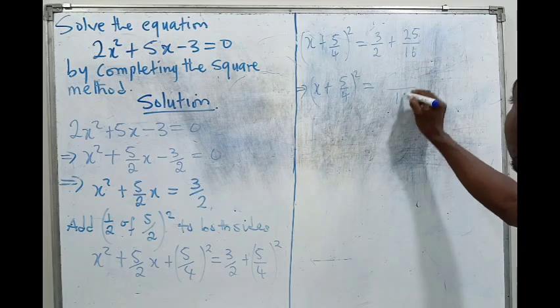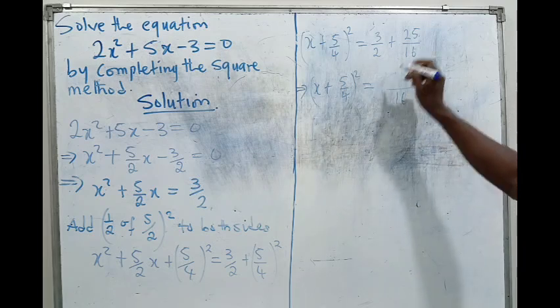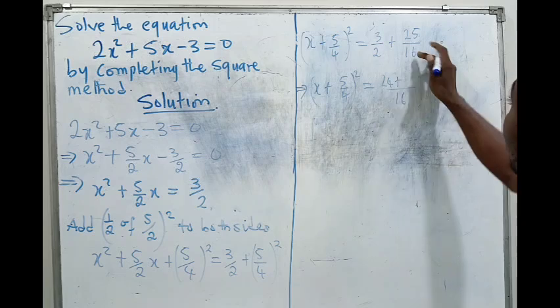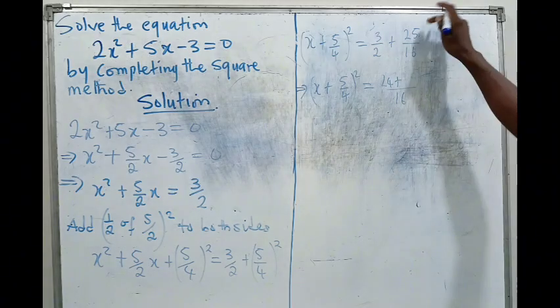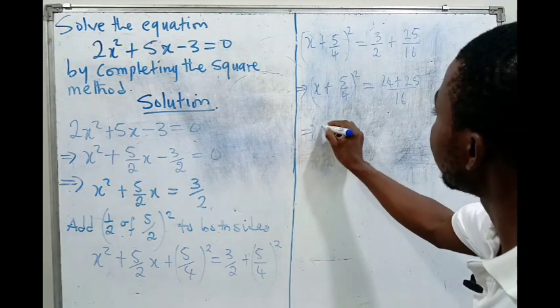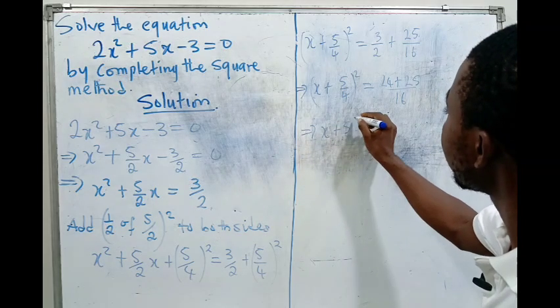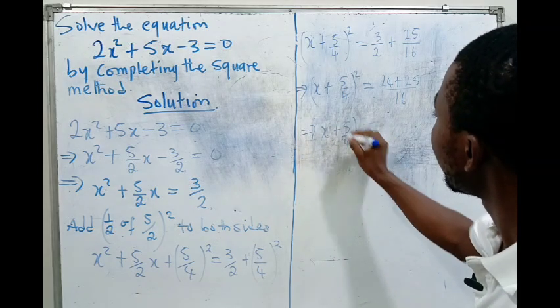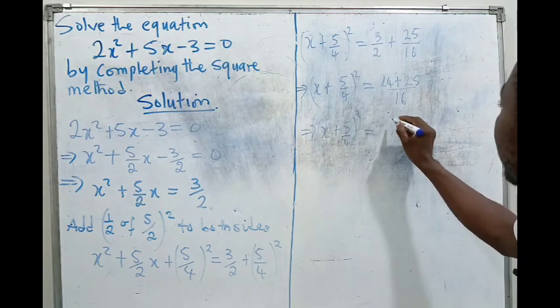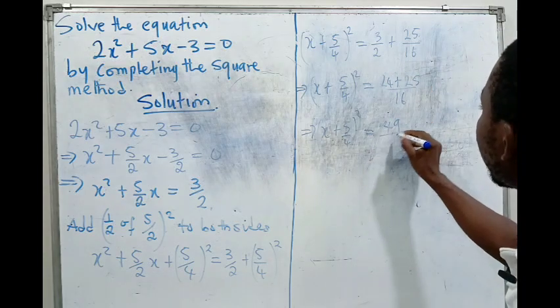It is 8 times. 8 times 3 is 24, plus 16 divided by 16 is 1, 1 times 25 is 25. So we now have x plus 5 over 4 all squared is equal to 24 plus 25, which is 49 over 16.